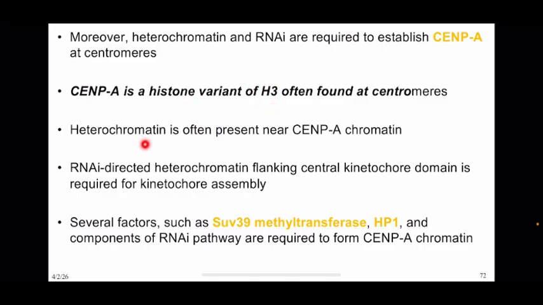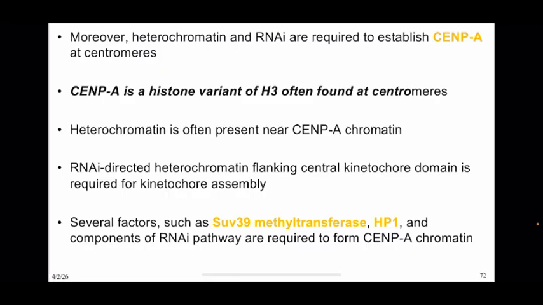Heterochromatin is often present near CENP-A chromatin, and the RNAi-directed heterochromatin flanking the central kinetochore domain is required for kinetochore assembly. Kinetochore is also found at the centromere. That's where the spindle fibers bind during mitosis.